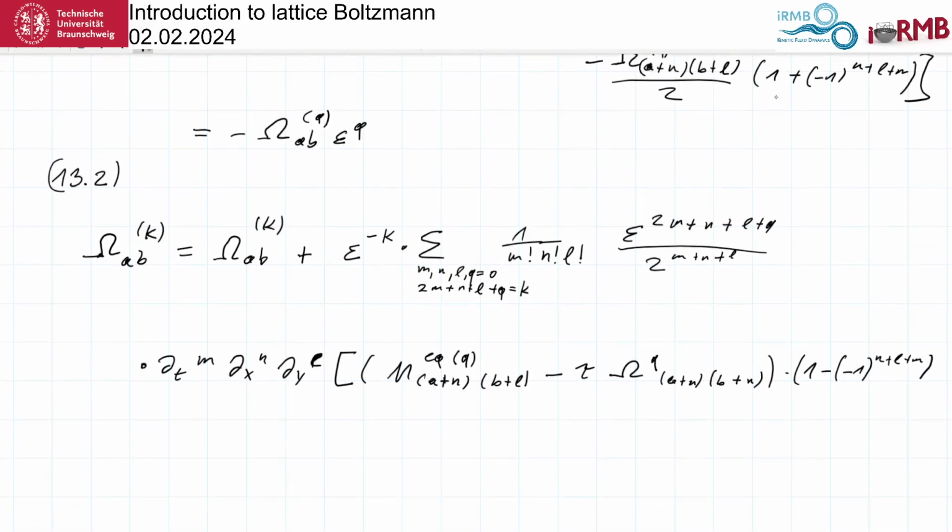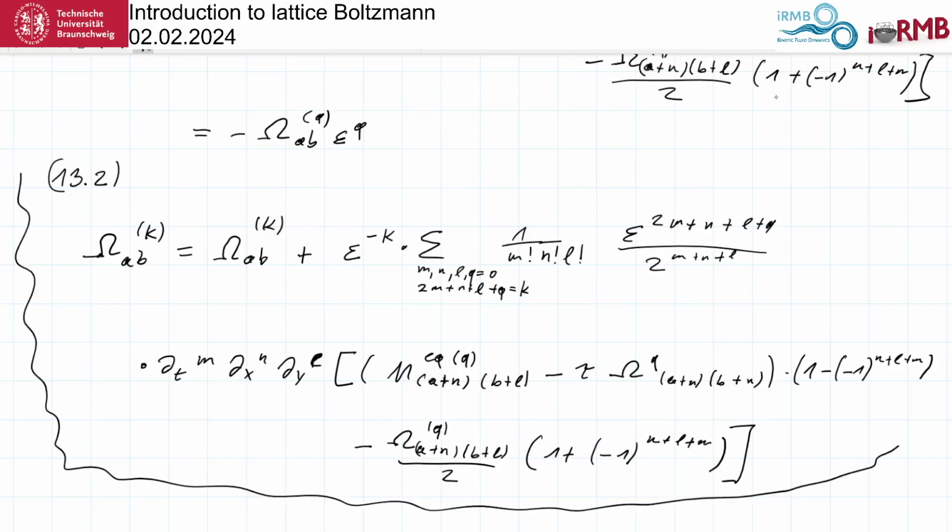And then there is still the other collision term left, a plus n plus b plus l, and this is to the order q, of course, 1/2, 1 plus minus 1 to the n plus l plus m. So, in a way, you could say this looks very horrific.